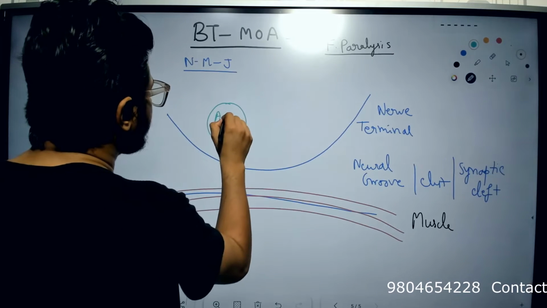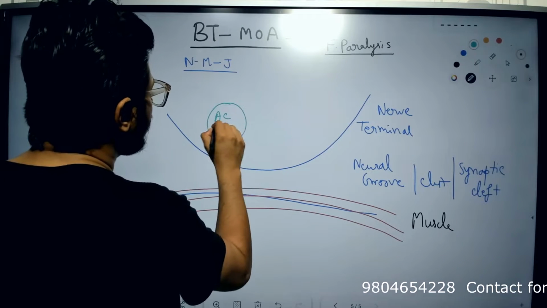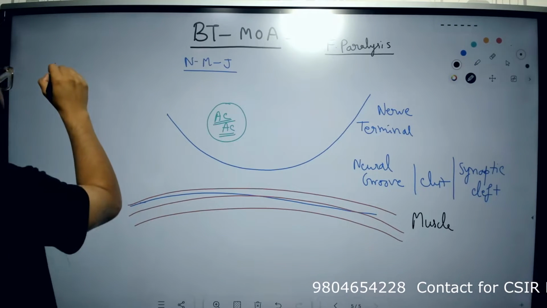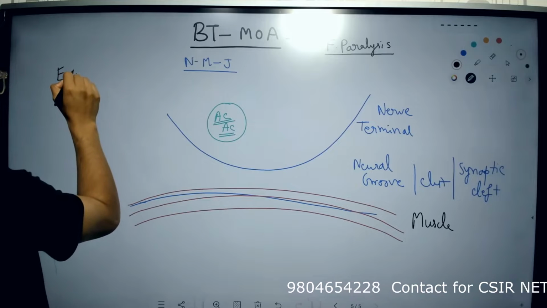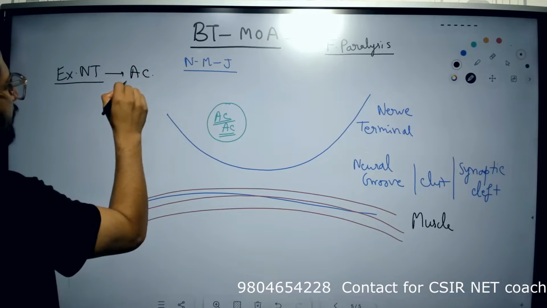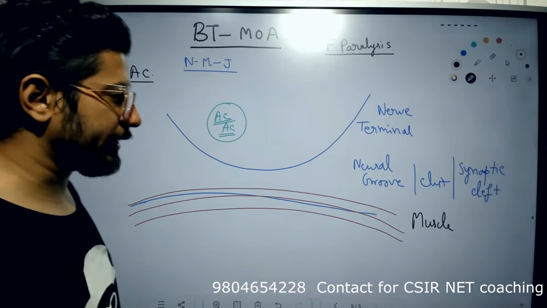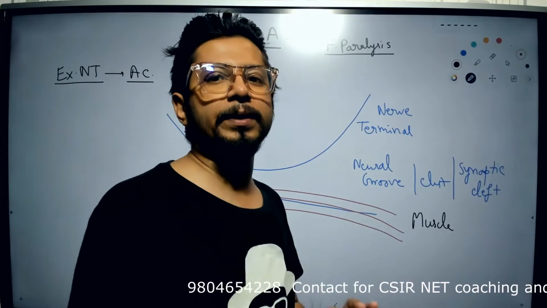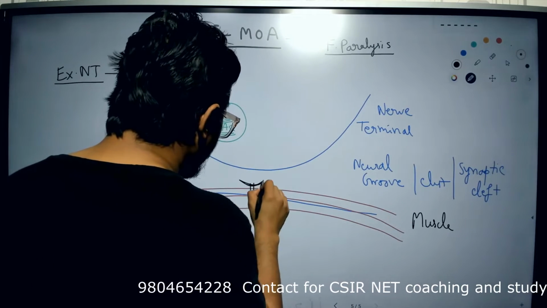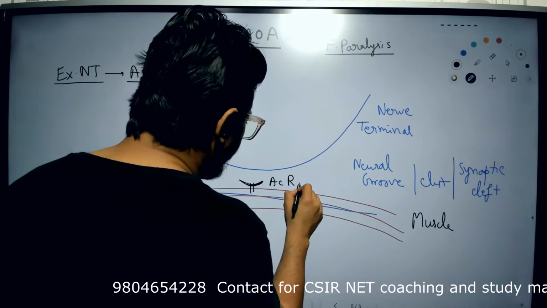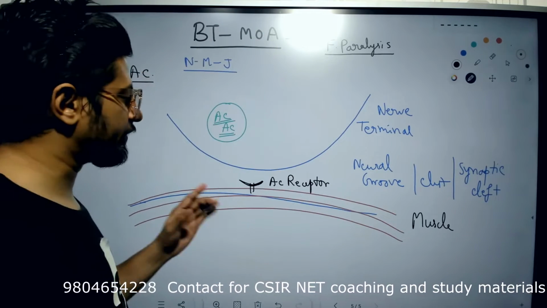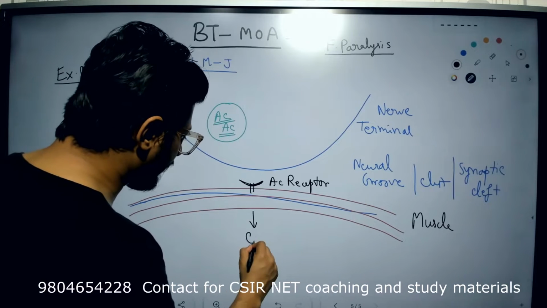Here the neurotransmitter is acetylcholine, which is known to be an excitatory neurotransmitter. Upon release of acetylcholine from the nerve terminal to the muscle, there are acetylcholine receptors on the surface of the muscle. Once the acetylcholine binds to this receptor, the muscle will contract.